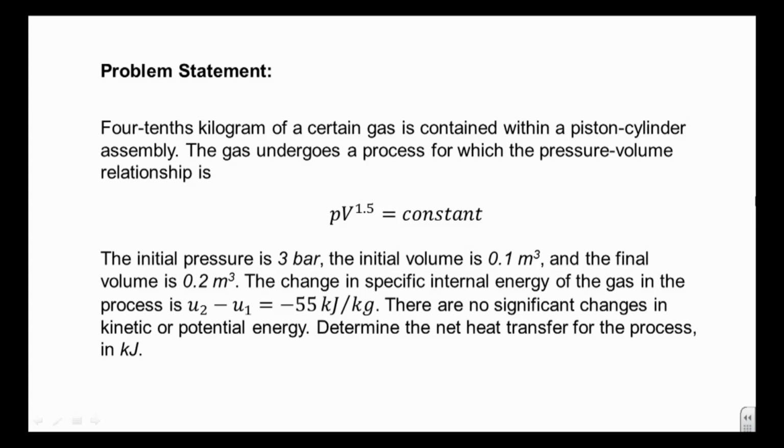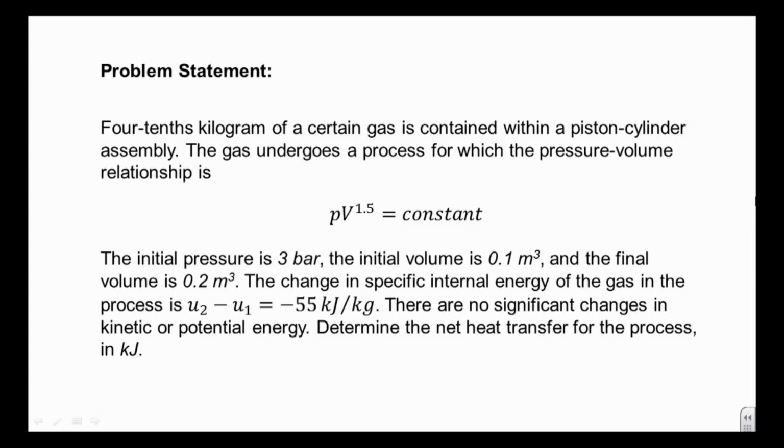4/10 of a kilogram of a certain gas is contained within a piston cylinder assembly. The gas undergoes a process for which the pressure-volume relationship is PV^1.5 equal to constant. The initial pressure is 3 bar, the initial volume is 0.1 cubic meter, and the final volume is 0.2 cubic meter.